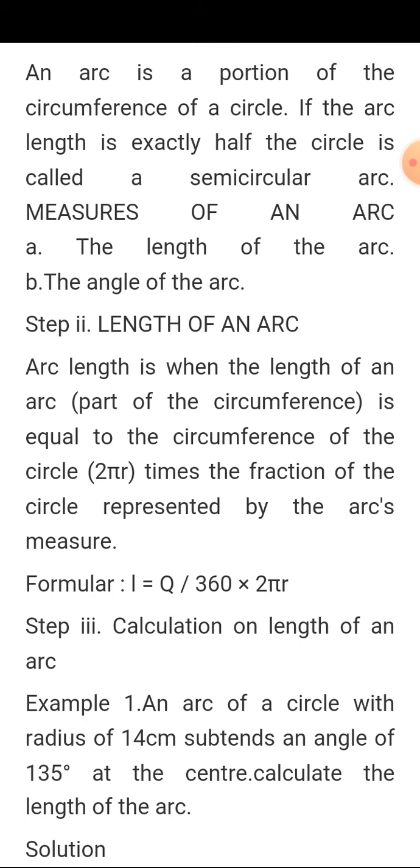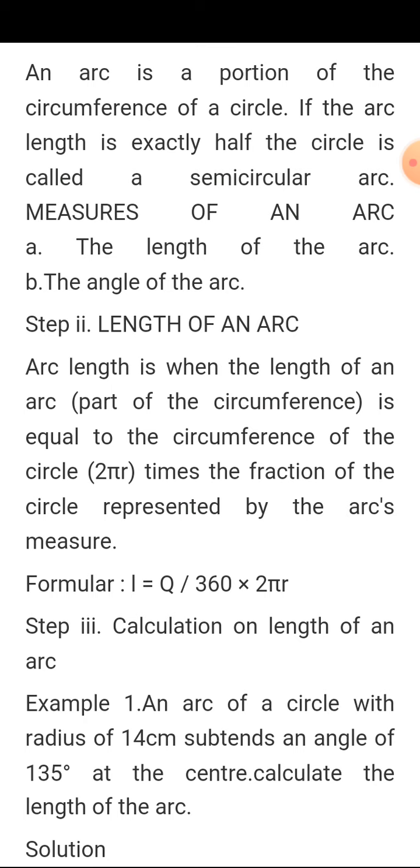The length of an arc, that is, the part of the circumference, is the circumference of the circle, 2 pi r, times the fraction of the circle represented by the arc measure.